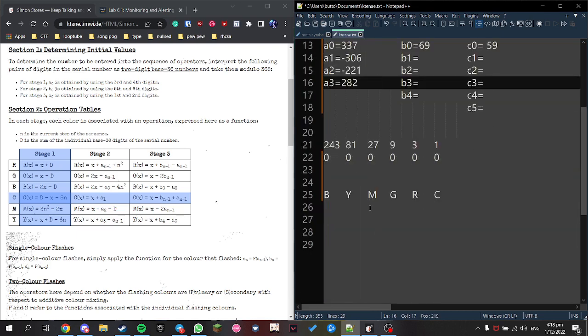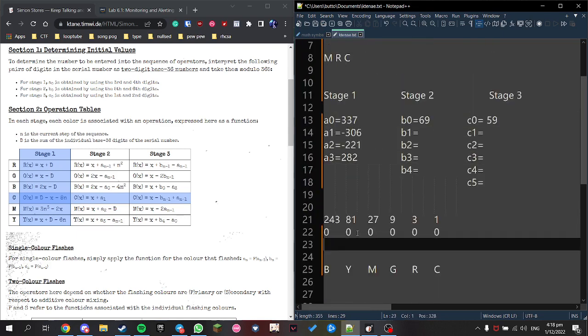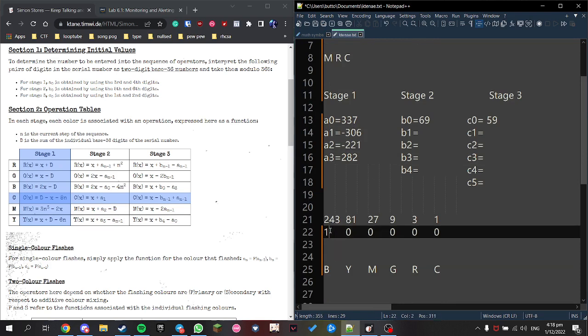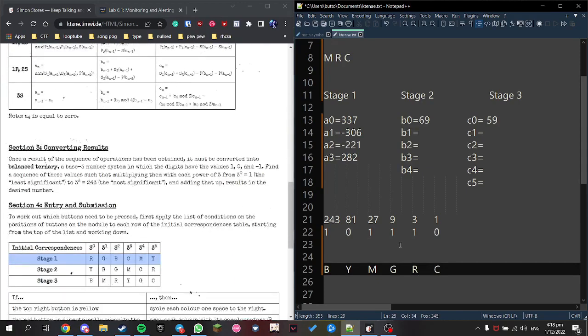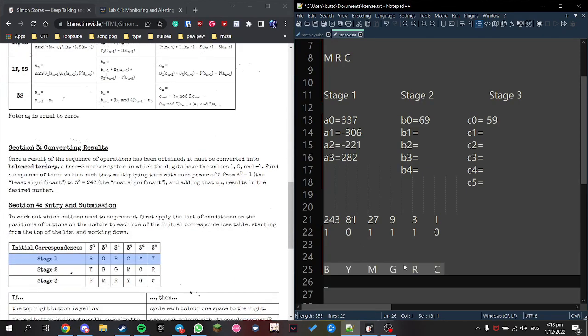So what can we find? So 243. So 282 minus 243, that's 39. This is 1, so minus 27. It's 12. I can minus 9 from that. Then you'd be left with 3. Okay, easy. So RG. So now let's look at stage 1.